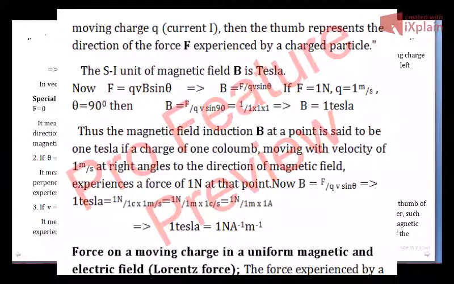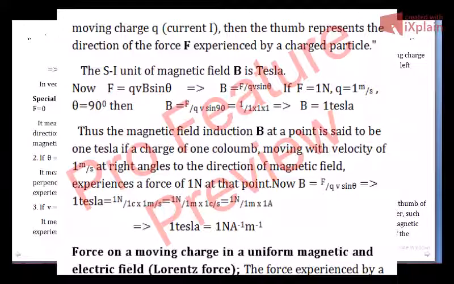You know the relation I is equal to Q by T. If Q is 1 coulomb, T is 1 second, then I will be 1 ampere. So 1 Tesla becomes equal to 1 Newton per ampere per meter.